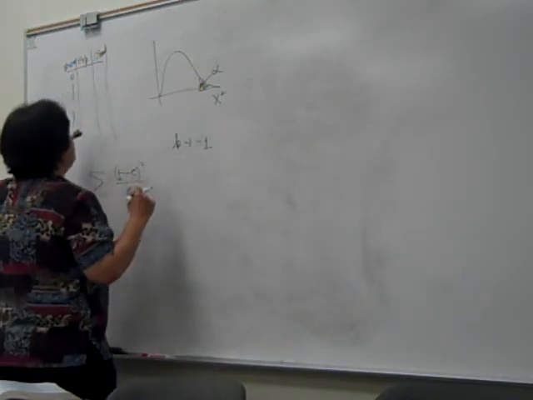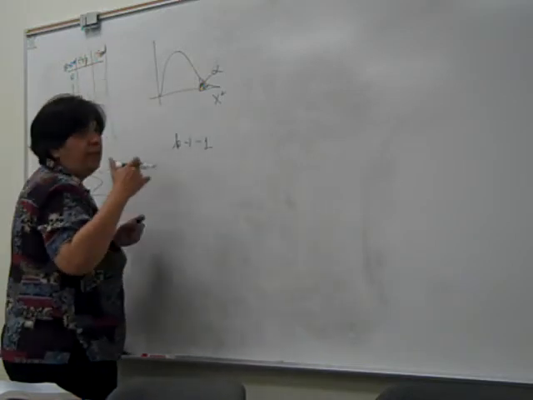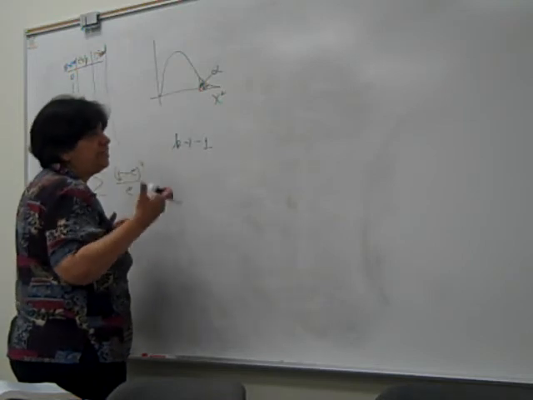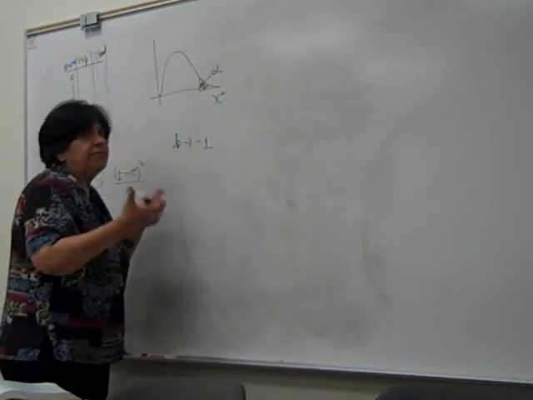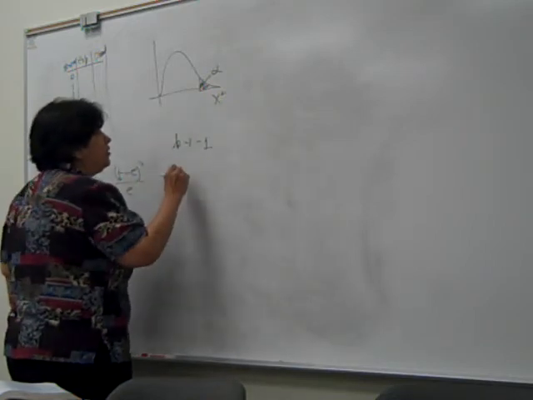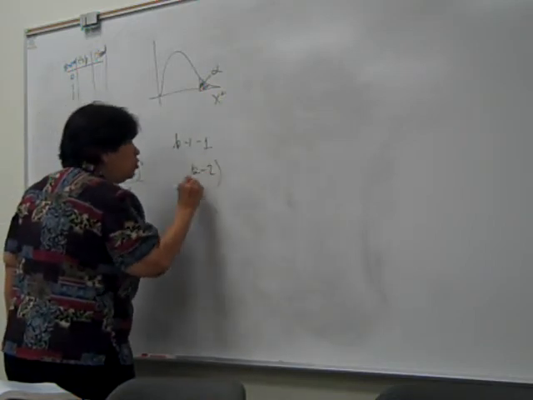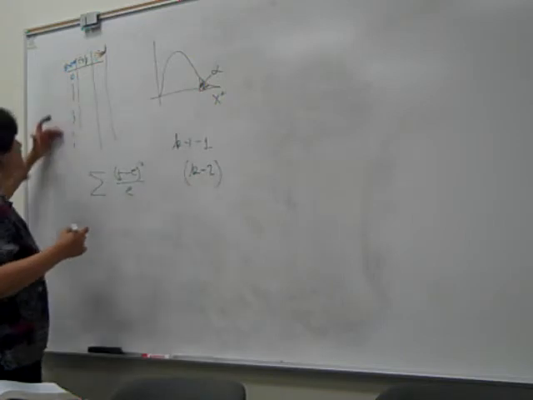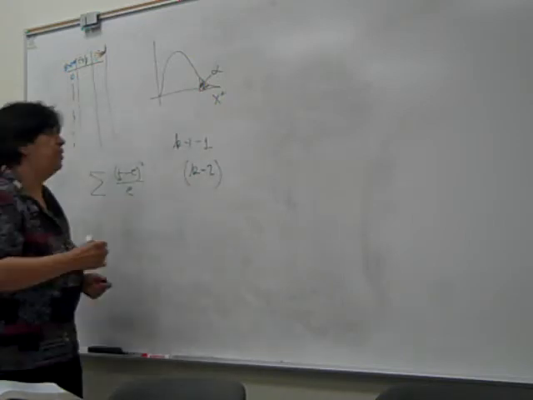For the Poisson distribution, the only parameter is mu. So we estimate 1 parameter, so it's k minus 2, where k is the number of categories that we have over here.